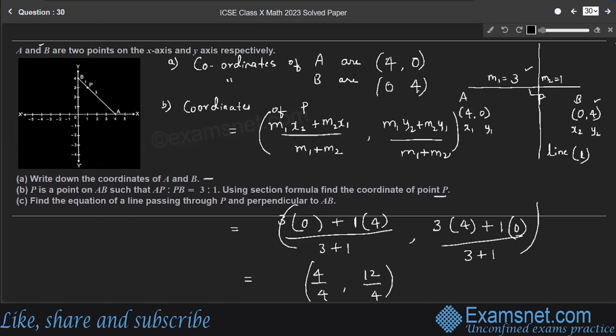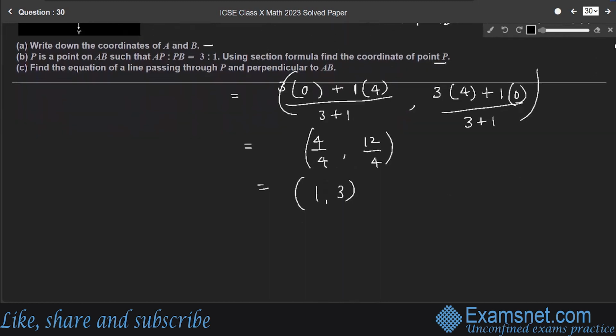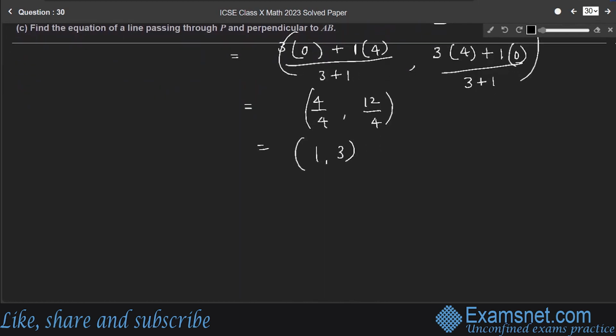So we'll consider the slope of line AB, and let it be m1.